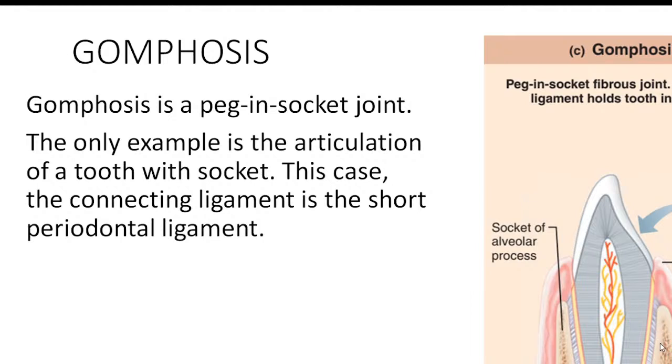Periodontal ligament, located between the root of the tooth and the bone of the mandible. This is the periodontal ligament. It is connective tissue.